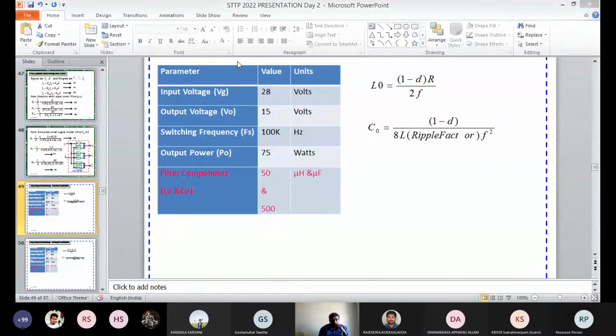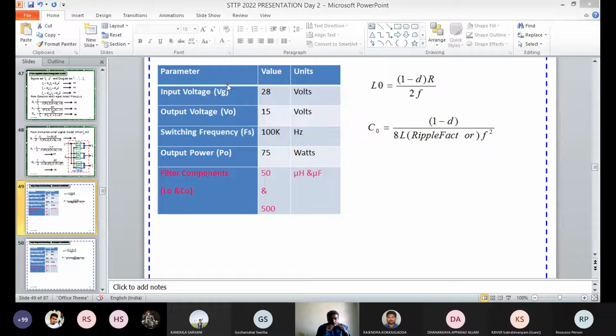For the buck converter case, I am taking the input voltage as 28 volts, output voltage 15 volts, MOSFET switching frequency 100 kilohertz, and output power requirement 75 watts. By considering these input parameters, output parameters and switching frequency, I am deriving the expressions for L naught and C naught. These are the filter components. The calculated values I have written here are 50 microhenry and 500 microfarad.